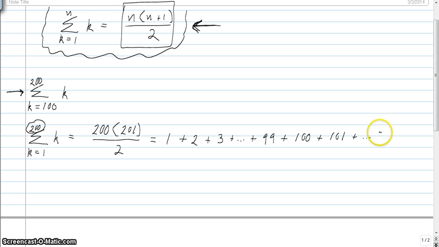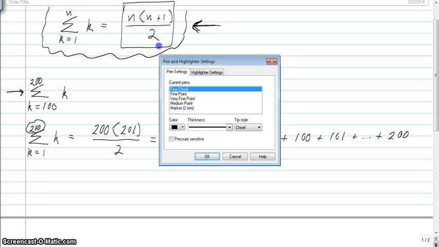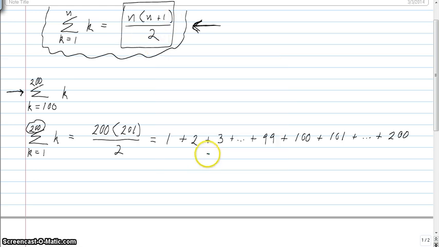I don't have room to write all 200 obviously, but we would stop when we get to 200. Now what we are after is this sum, the sum starting at 100 and ending at 200. So in other words, I want to figure out what this is equal to.